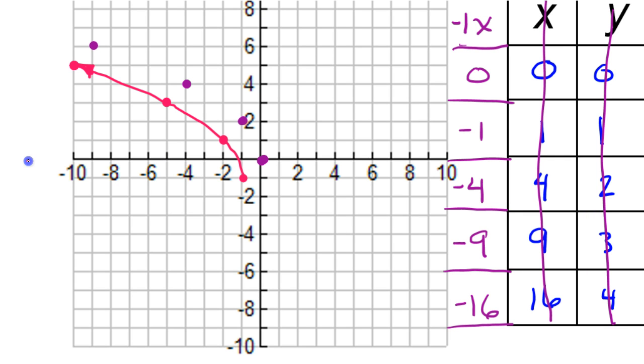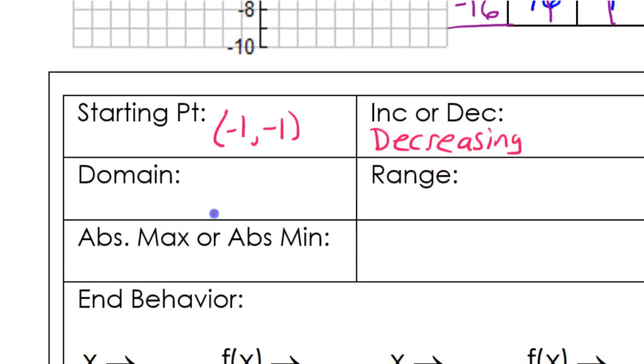So this graph goes left forever, and then to the right, it stops at -1. So looking at the x values, it goes from -infinity to -1. And the -1 will be a bracket because the -1 is included in the set.